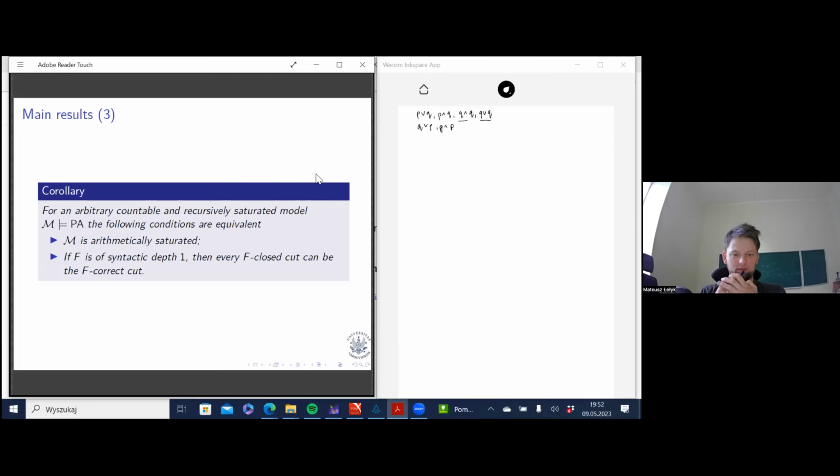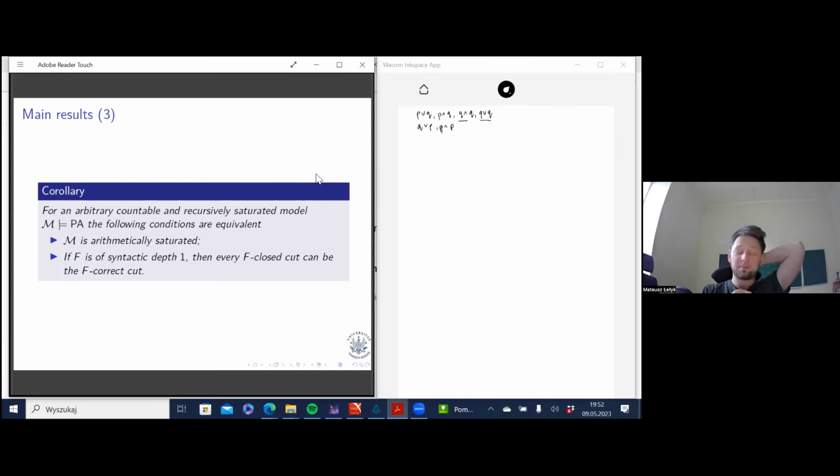In which case, if it's not arithmetically saturated, you'll find some counterexample, some cut which you can't make F correct under any satisfaction class. And so somehow these properties of cuts and of these correctness properties happen to depend on arithmetic saturation, which was somewhat surprising.